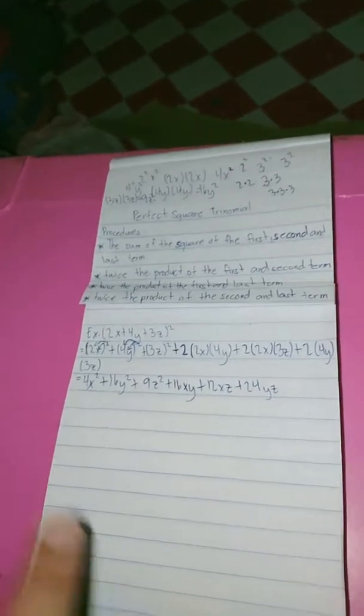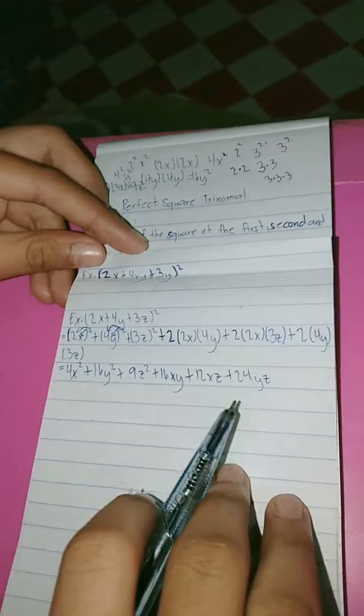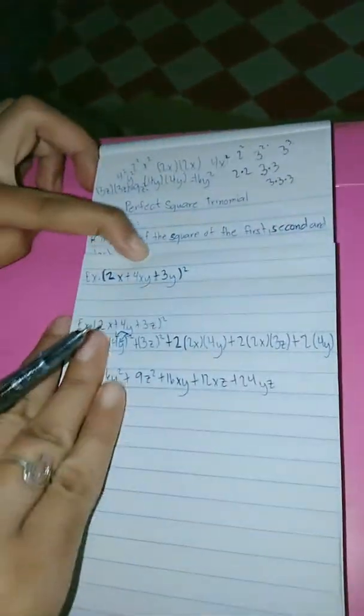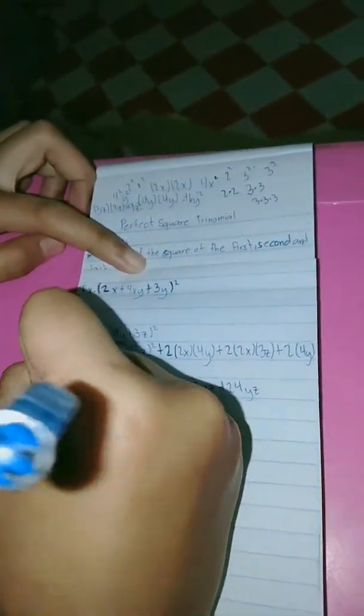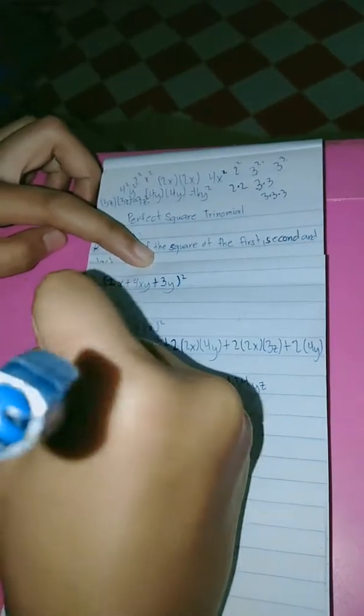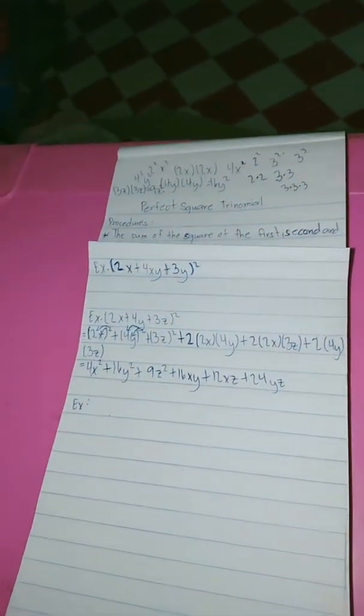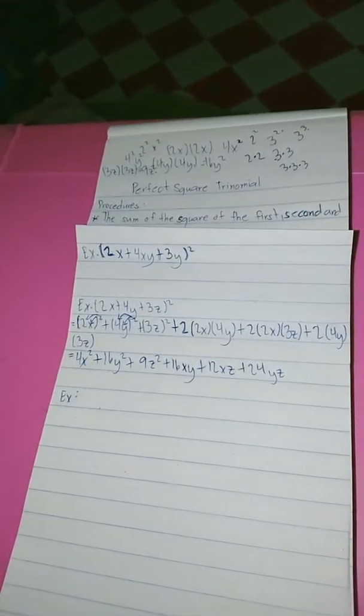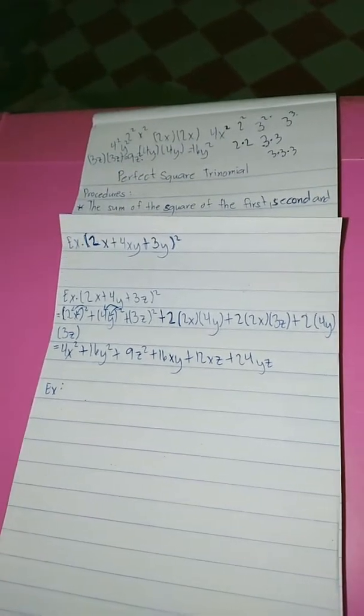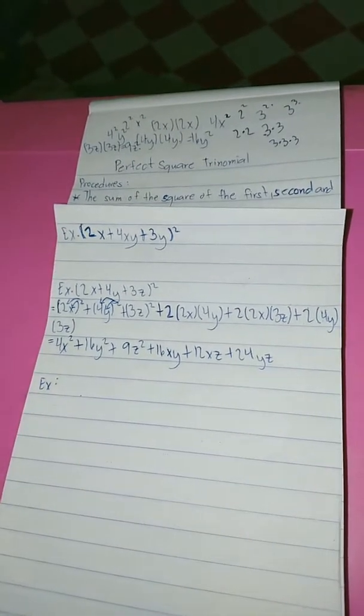You don't simplify it. For example, I have another example. How do you know that it is the correct answer? Is there a way to check? I don't know how to check it, but that's the correct answer. Oh, yeah, I know.